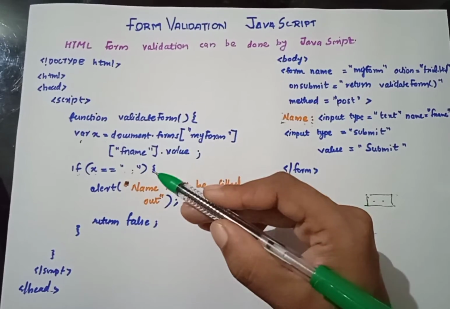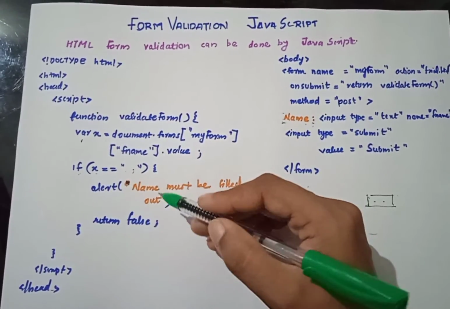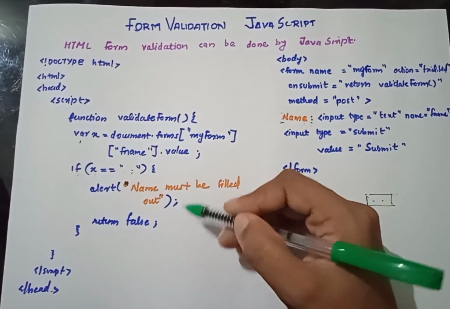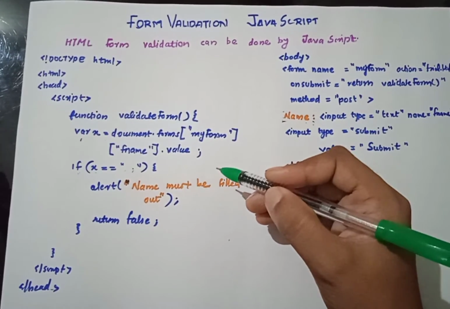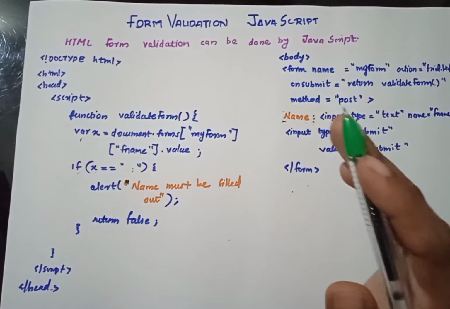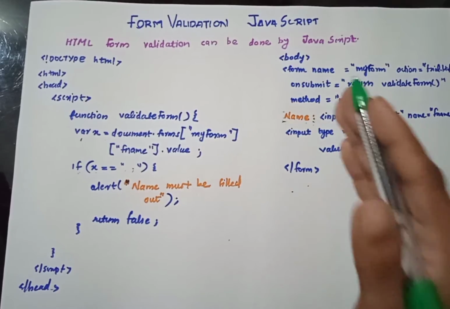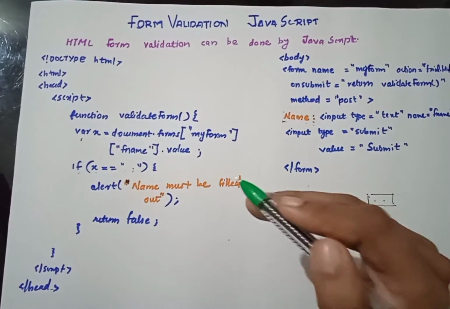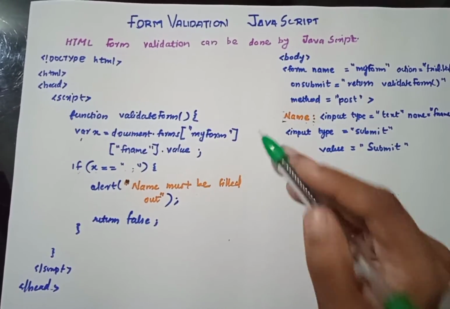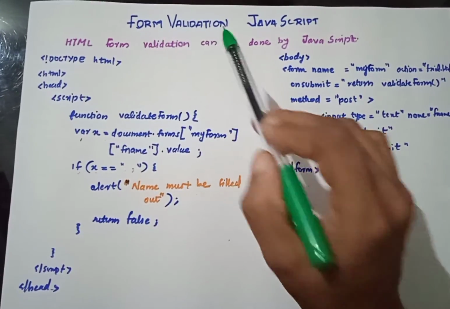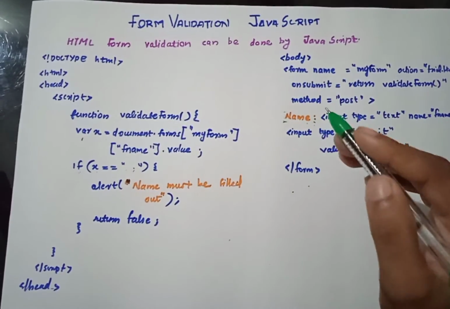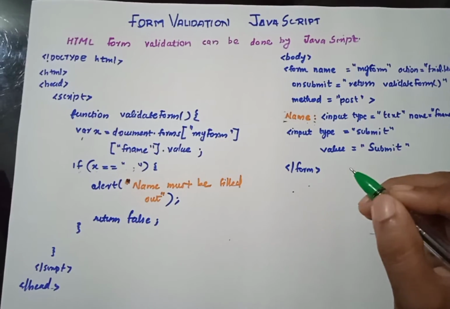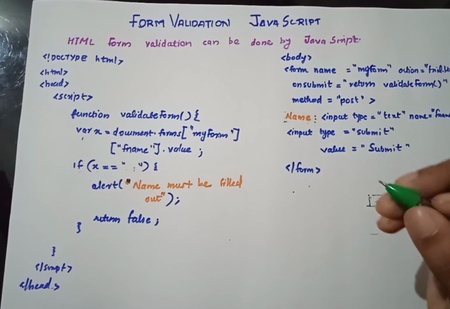Then if that's so, just return false. If not, you must give some alert message to fill that. This is an easy way, and normally a very useful and practical way you can use in your HTML forms, because form validation is quite normal that we see every day in each of our form filling cases.